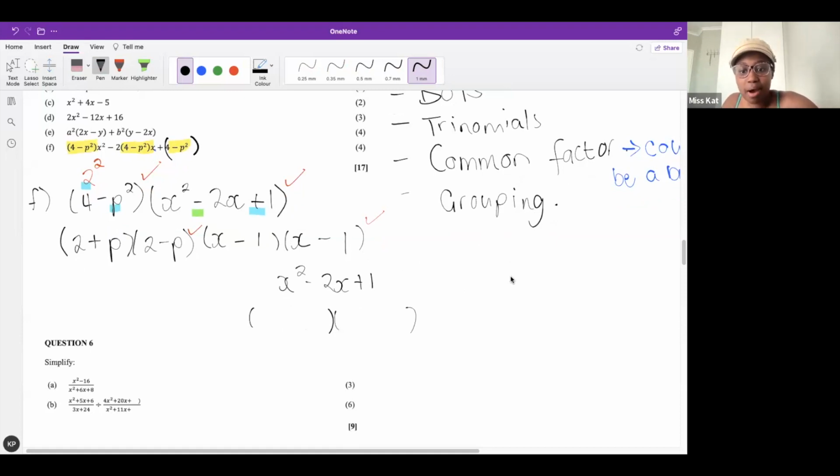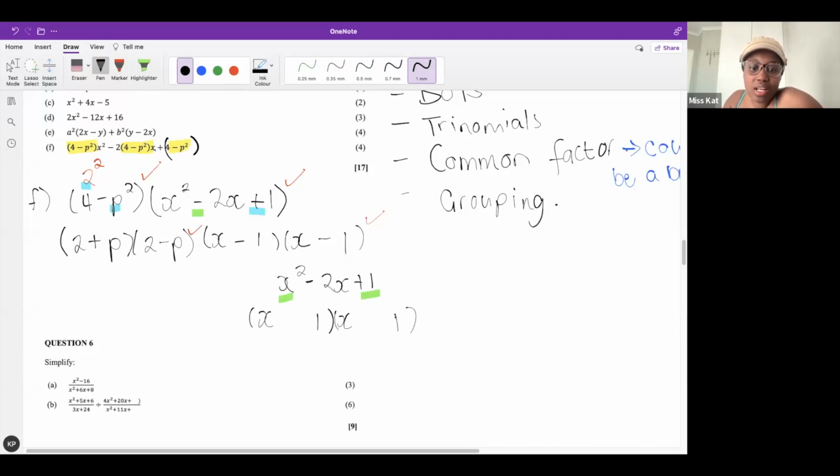Let's stop talking about our mark allocations and concentrate, guys. Okay. So it's only x and x. Wonderful. Now, what are the factors of 1? So you've looked for the factors of the first term and factors of the last term. 1 only has a single factor, which is 1 and 1.